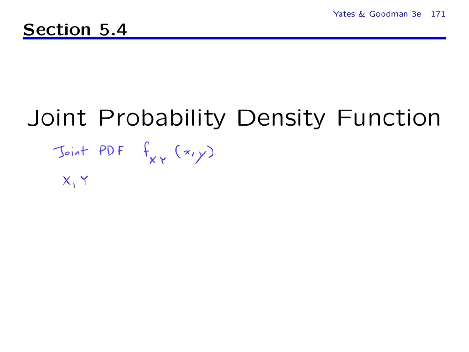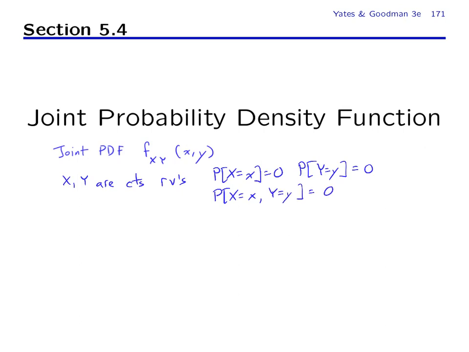When x and y are continuous random variables, we know that the probability x is a particular value is 0, and the probability y is a particular value is 0. And this implies that the joint event that x equals little x and y equals little y will also have 0 probability.